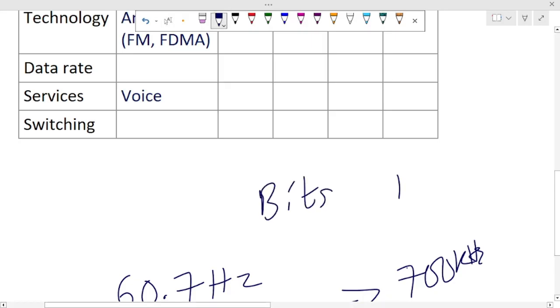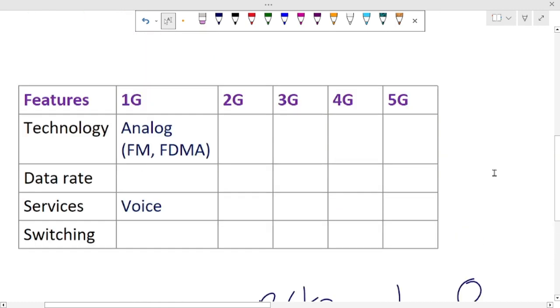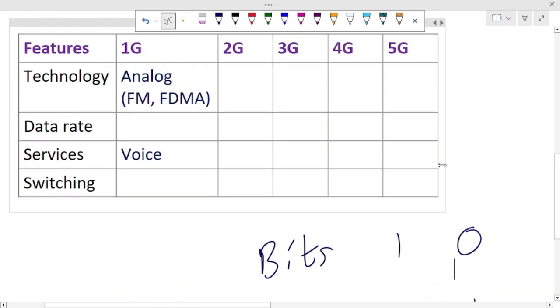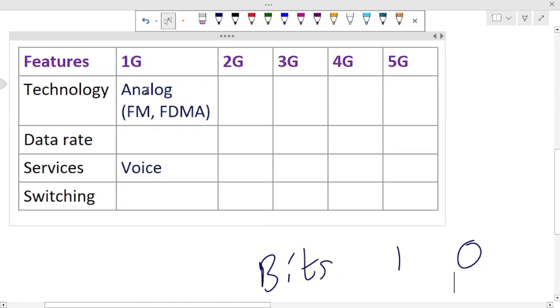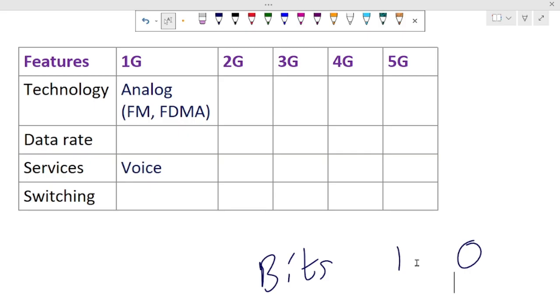That's ones and zeros. This is digital. For analog, you don't have ones and zeros. Are we together? Ones and zeros is for digital.